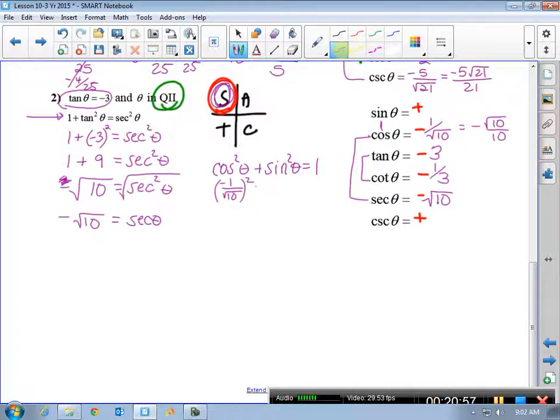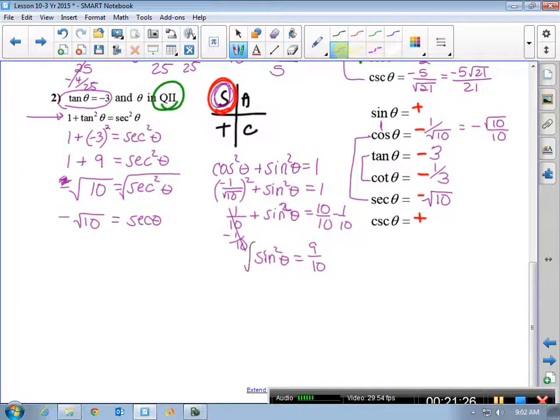I'm squaring it, so using the original will be a little less work. That's 1/10. I've got a denominator of 10, so I'll make this 10 over 10, subtracting 1/10. Square root, plus minus.